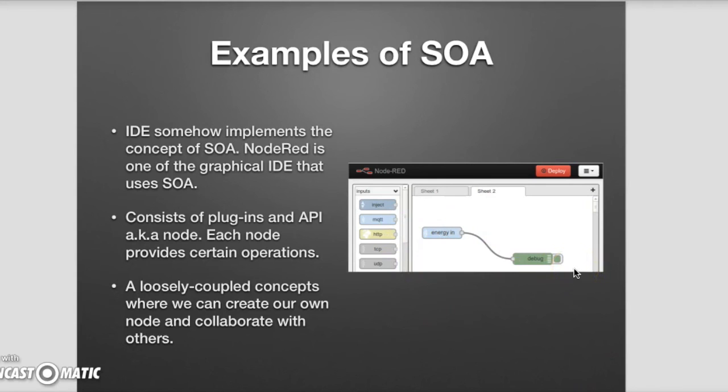By doing that, you create some sort of system or service for yourself. It's a loosely coupled concept where we can create our own node and just collaborate together. These nodes can be written in different languages, and Node-RED just helps us to integrate.